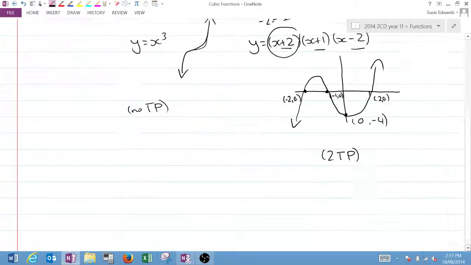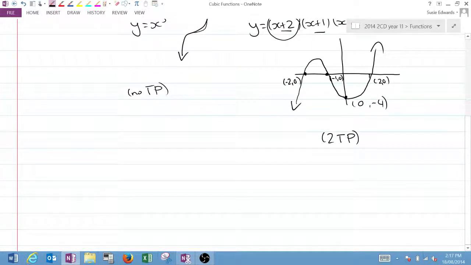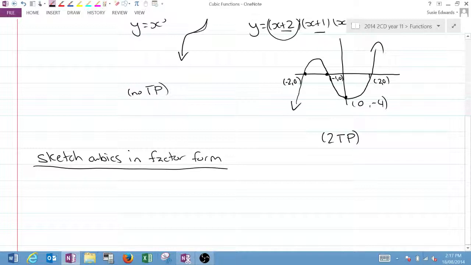So that was just to show you the shapes. You can have the shape, or you can have a shape with two turning points. Our lesson for today is about sketching cubics in factor form. Factor form means that there are things being multiplied together, so hopefully there might be some brackets.